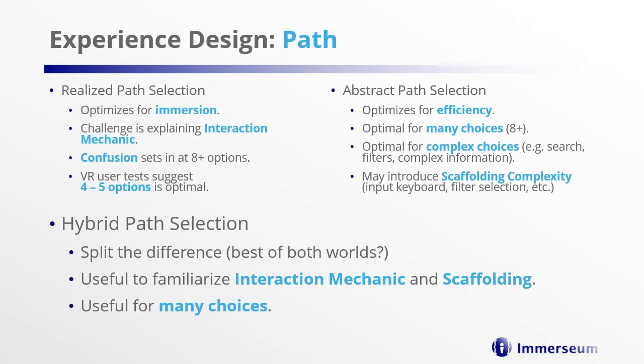So the realized model is something that we use as the first level of filtering because it helps people orient themselves, give themselves a feeling of control and immersion before bringing up the abstract menu, the abstract UI that they can then use to look for the experience that they actually want to have. So it's a useful tool to do two things.